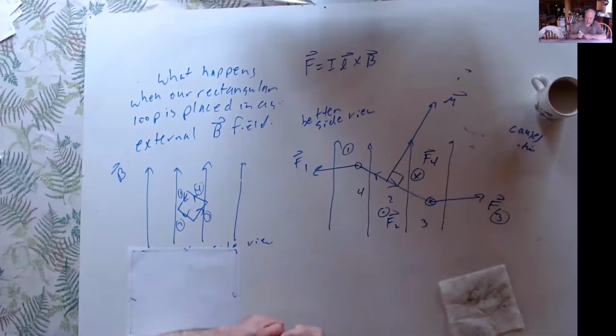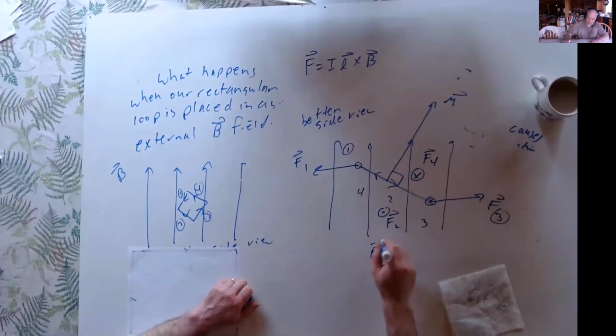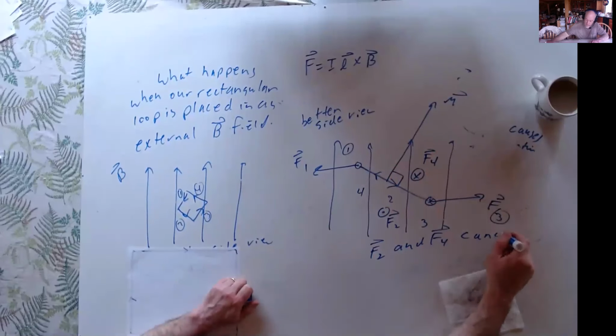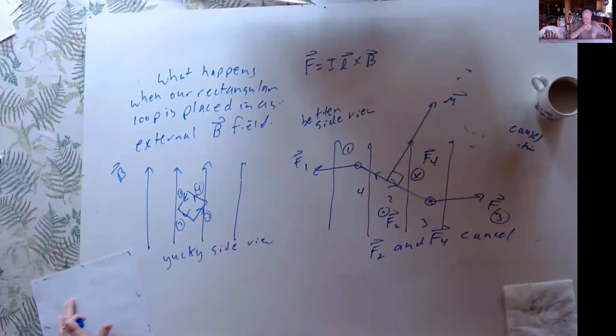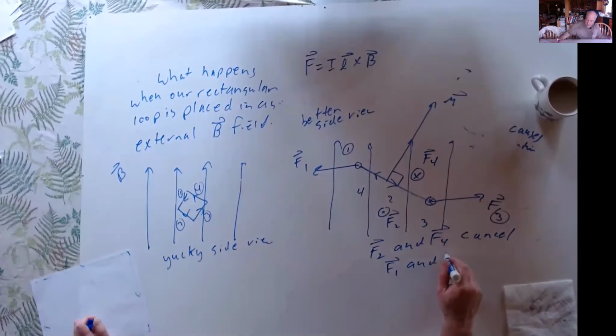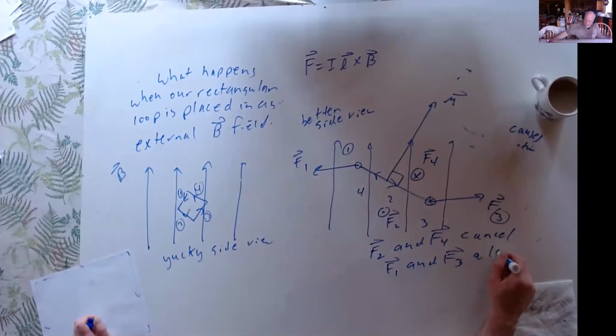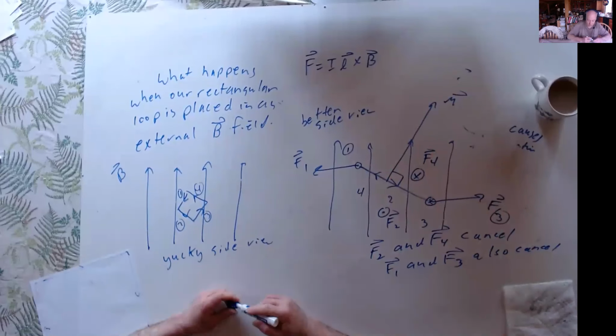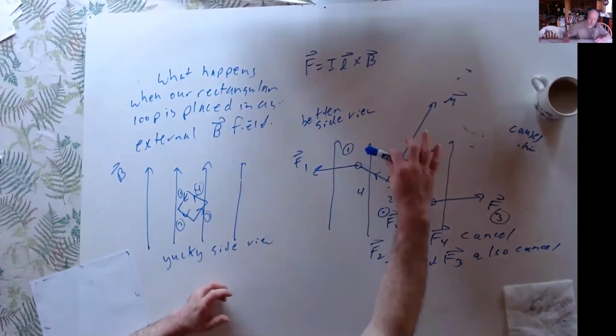Forces 2 and 4 cancel. But guess what? Force 1 and force 3 also cancel, because that loop isn't moving this way or that way.